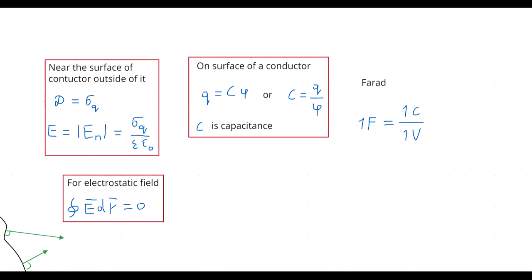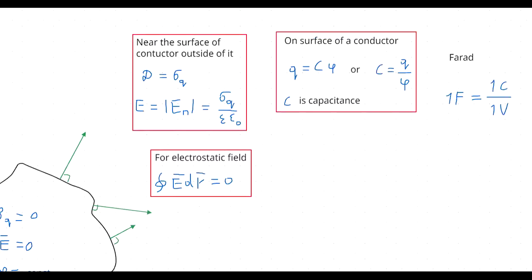Coulomb is the unit for electric charge, and the volt is the unit for electrostatic potential, or voltage. Okay, do you have any questions? No questions.